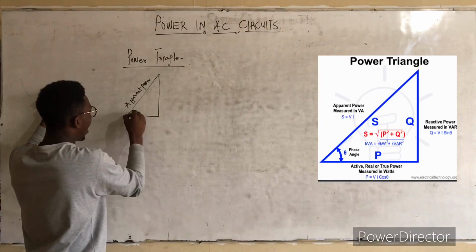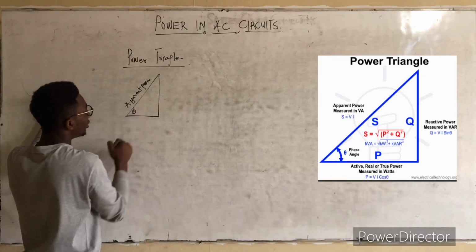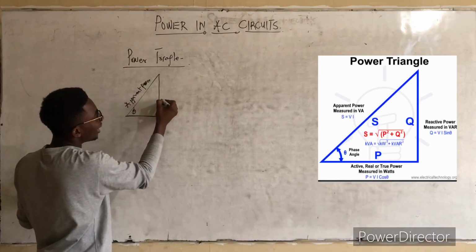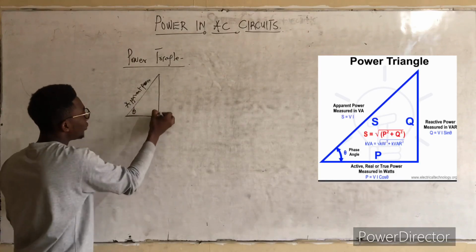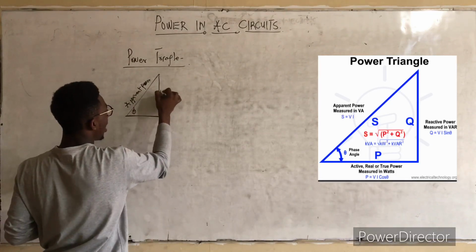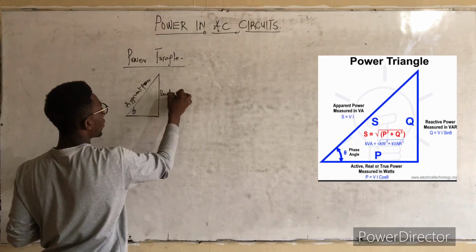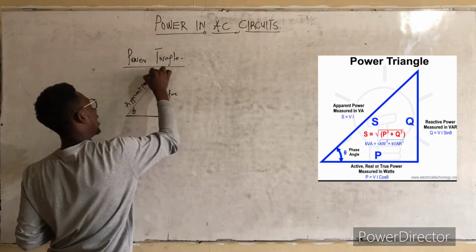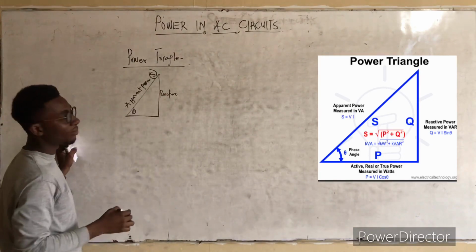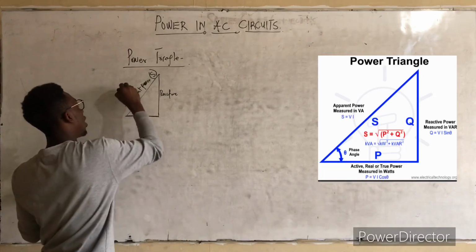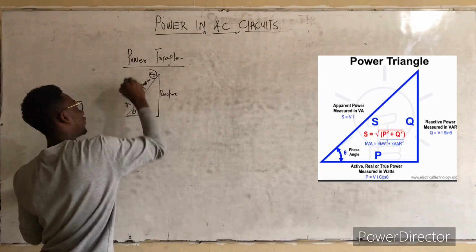I have an angle theta here, and my opposite side here is my reactive power. My apparent power is denoted by the symbol S, so S is equal to IV.